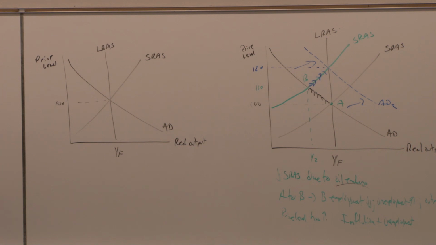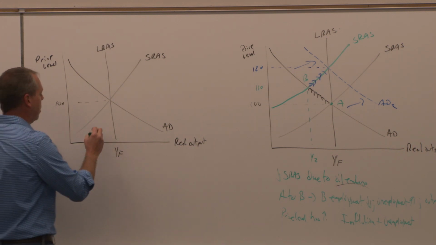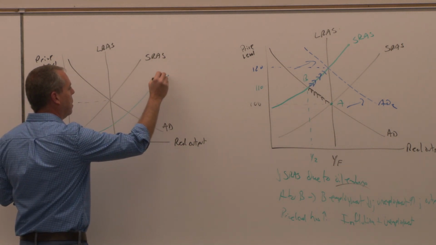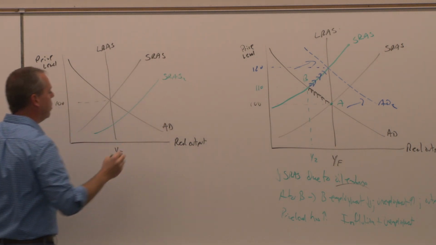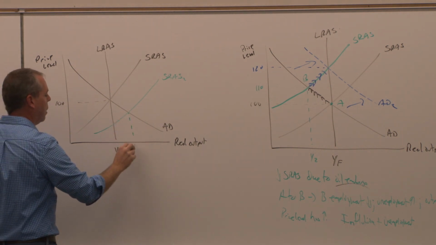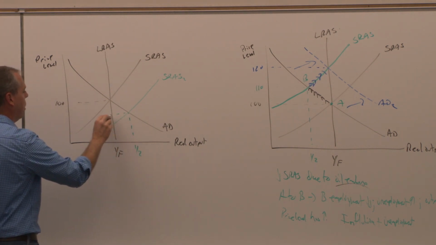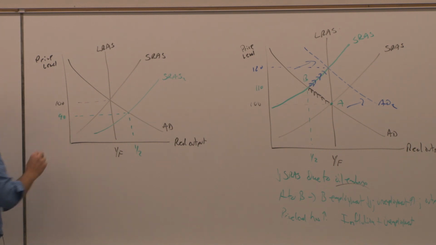You've got something that causes the short-run aggregate supply curve to increase. Come out here to say Y2, doing so at some lower price level. Same thing as before, right?